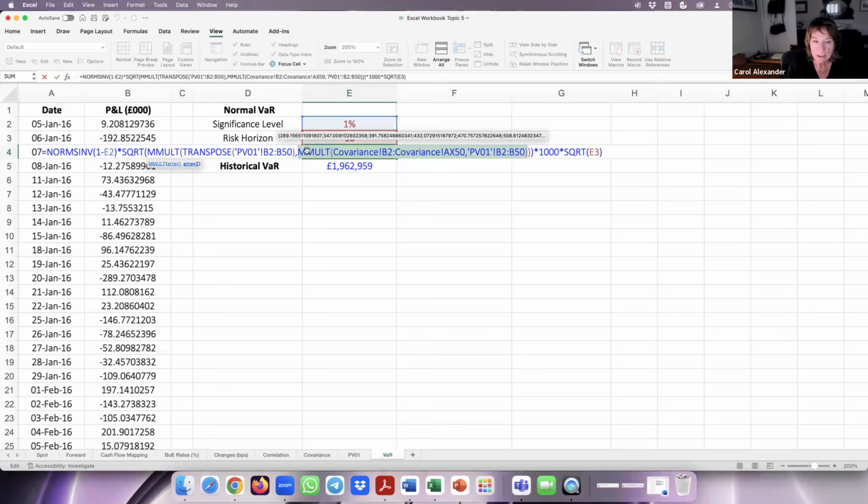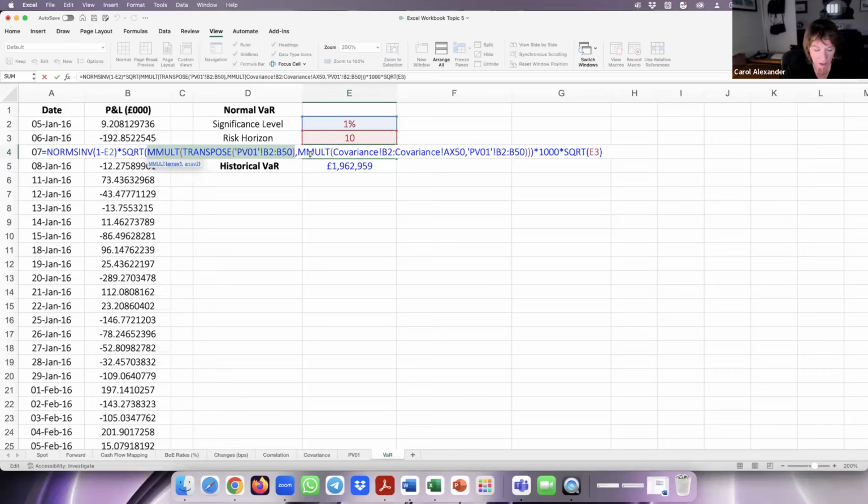Then we do mmult P prime times this, which is mmult, now the red bracket, P prime, now the comma's here, and it's what we got in the first stage. So it's 2 mmults with transpose.